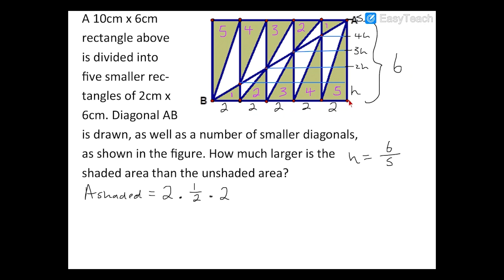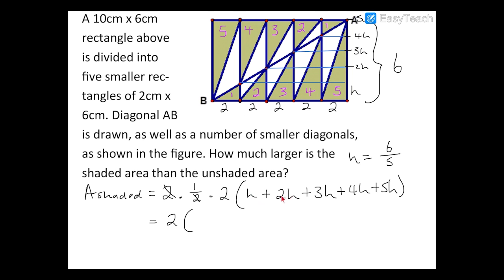The only thing that's different is the height. So the height of the first triangle is h, second triangle is 2h, 3h, 4h, then 5h.